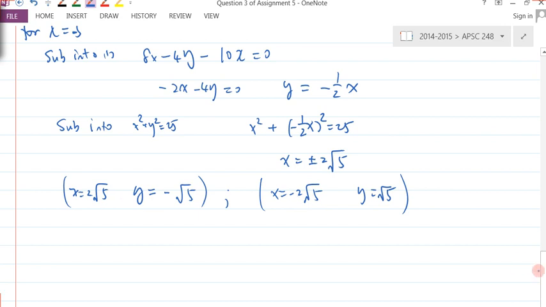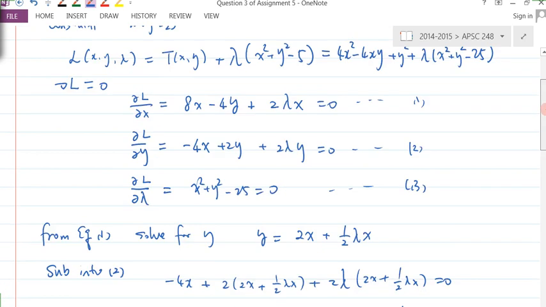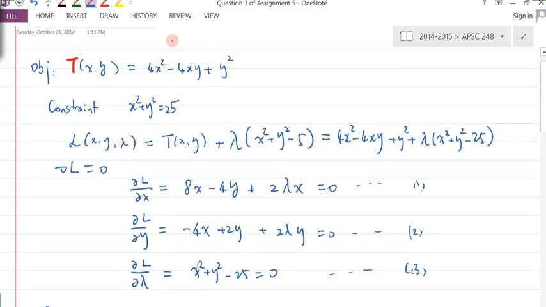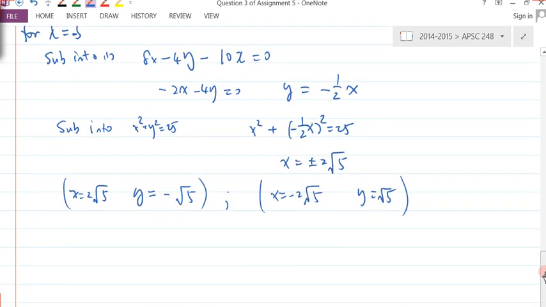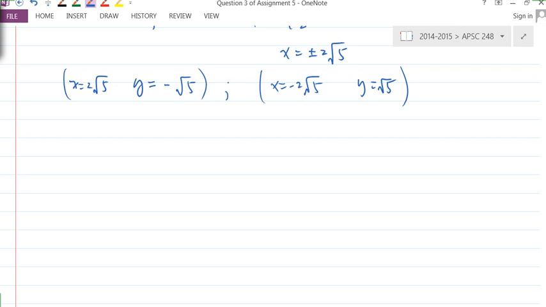Substitute these points into the temperature function to see what the temperatures are. Technically, we can do a secondary test to verify whether it is a maximum or minimum, but in this case we'll use trial and error. At this location, the temperature turns out to be 0, and the same for this location.